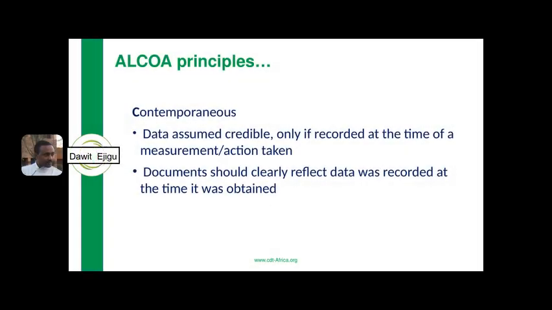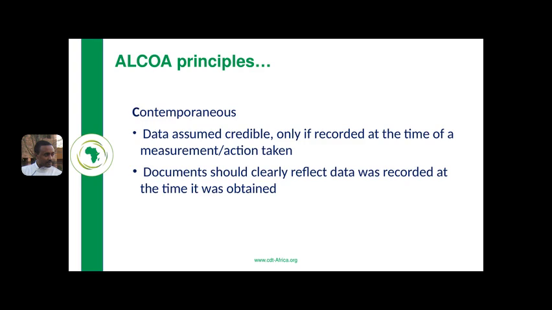The other aspect of the principle is contemporaneousness. The data is assumed to be credible, or contemporaneous, only if recorded at the time of measurement or action taken. Otherwise, if there is a significant delay between the measurement or action taken and the recording, then there is a possibility of memory bias, and hence the data will no longer be credible.